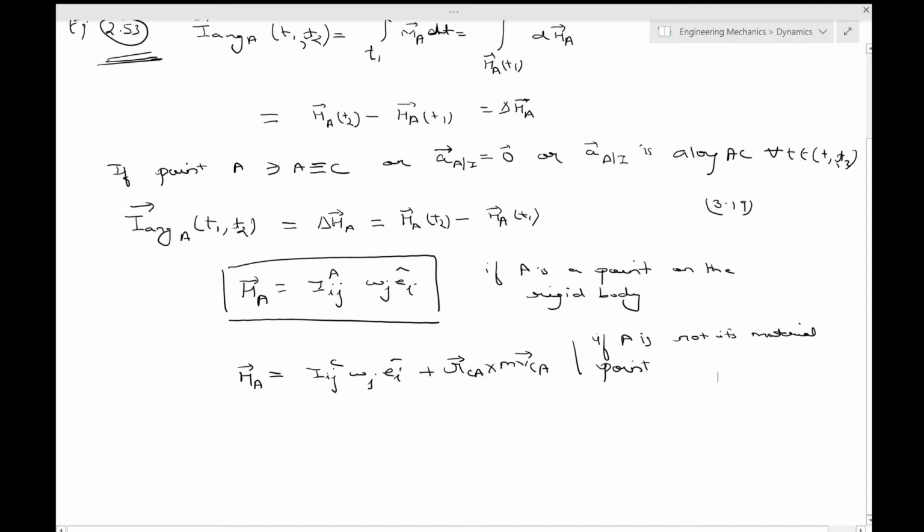One of the requirements about this is that the body must be rigid at t equal to t1 and t equal to t2, not necessarily in between.